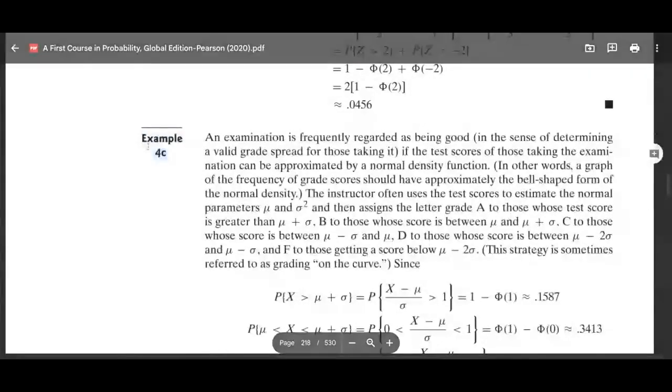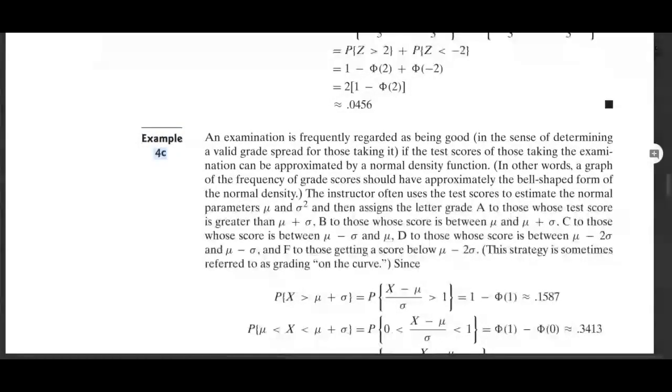Okay, let's talk about this one. The examination is frequently regarded as being good in the sense of determining a valid grade spread for those taking it, if the test scores of those taking the examination can be approximated by a normal density function. In other words, a graph of the frequency of grade scores should have approximately the bell-shaped form of the normal density.